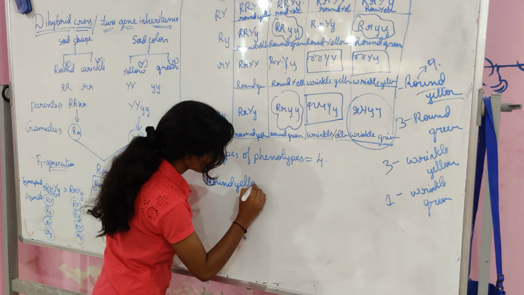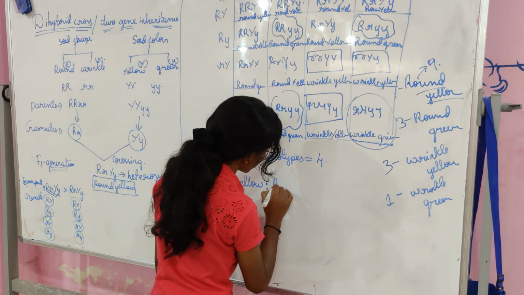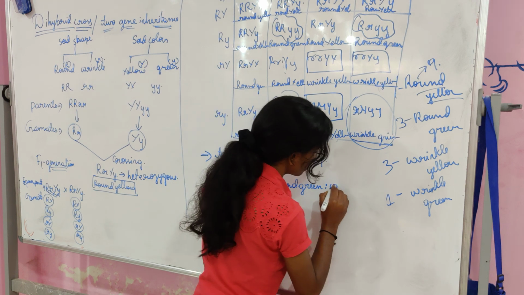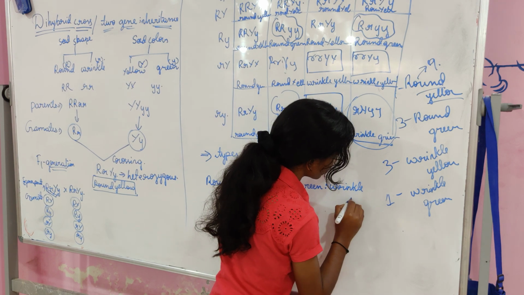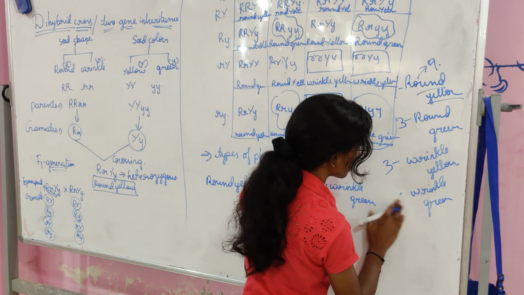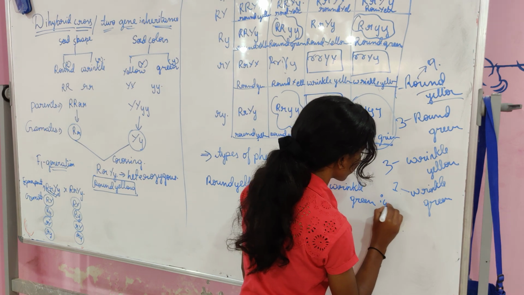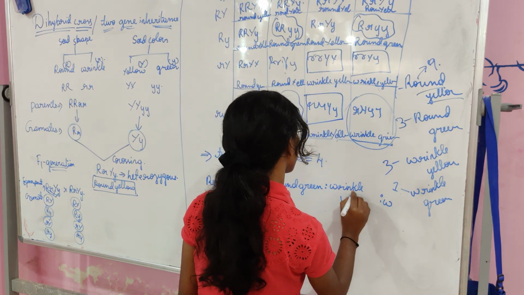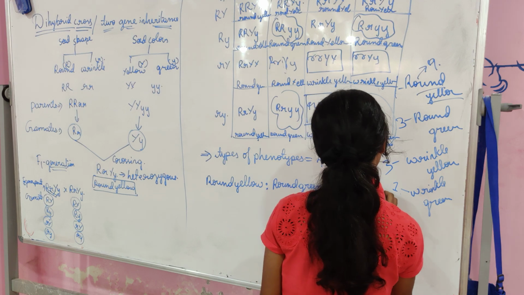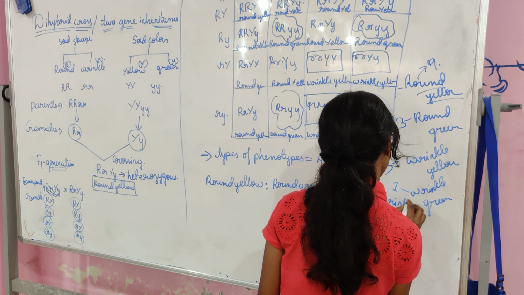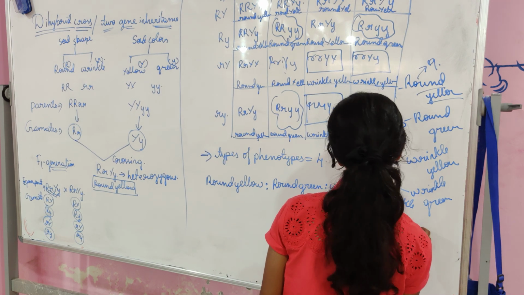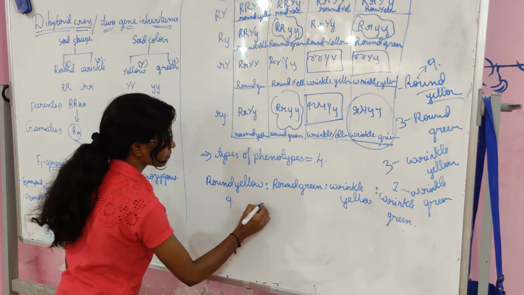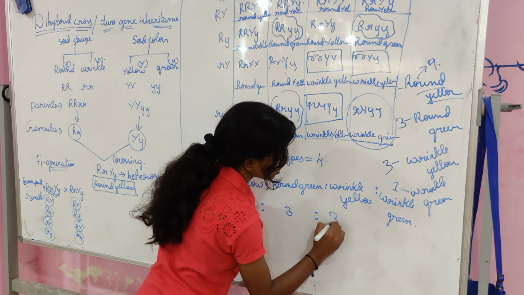So when we write the phenotype, it is round yellow is to round green is to wrinkled yellow is to wrinkled green. So round yellow is 9, is to 3, is to 3, is to 1.